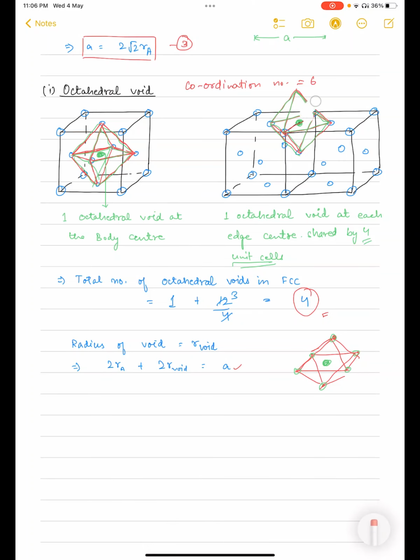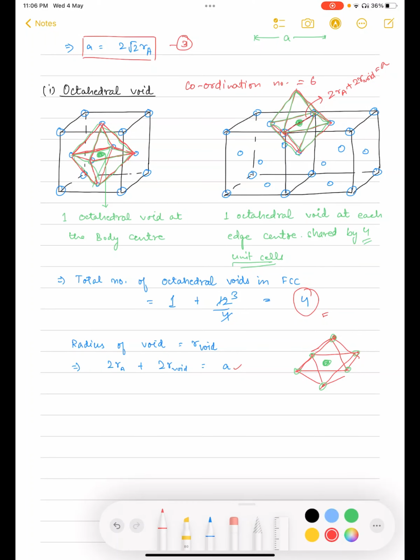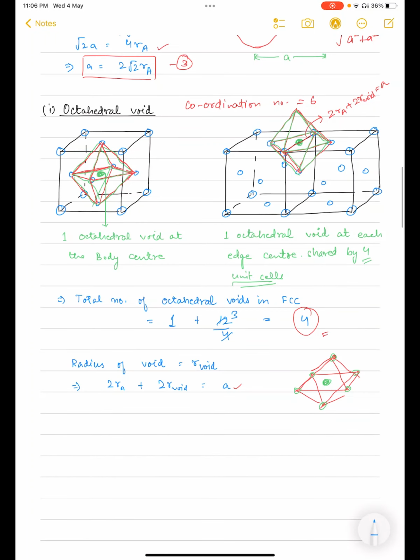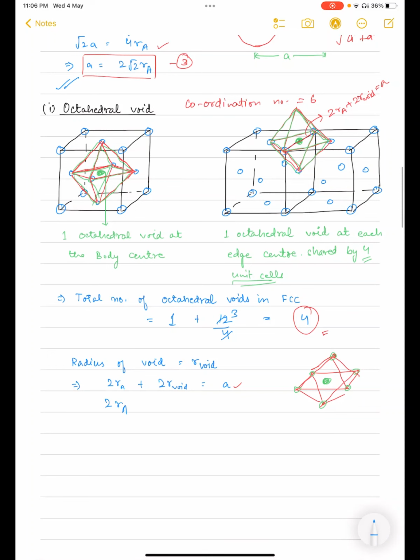So 2 atomic radii plus 2 R void gives you a. Replacing a from this equation gives 2RA plus 2R void equal to 2 root 2 RA.